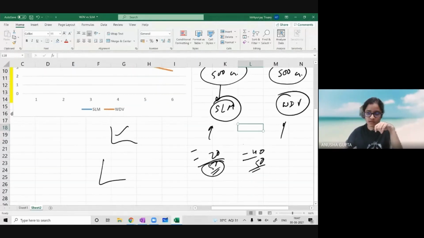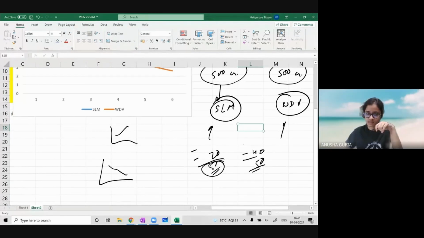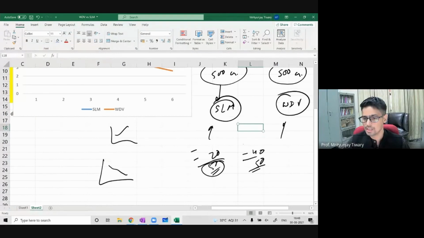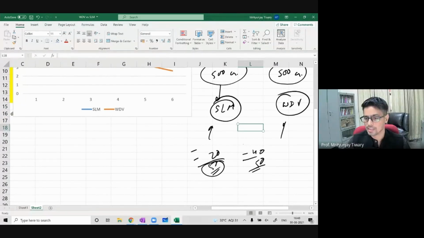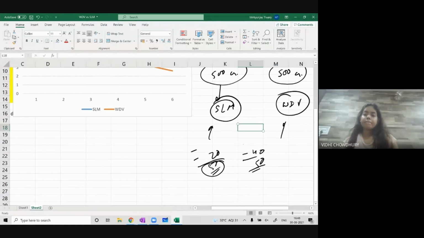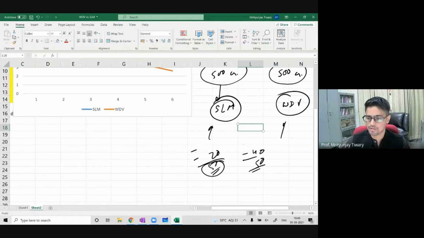And let us say both of them are declining, just 4 or 5 more years and then they would almost start to wind up. Which company has a better asset position? Then in that case SLM. Okay. Anybody who wants to say anything else? Vidhi, go ahead. Sir, I think WDV in both the cases. Okay. Anybody else? Okay, go ahead. Yes, sir. Vishal, tell us, brother. The rest of the people too.